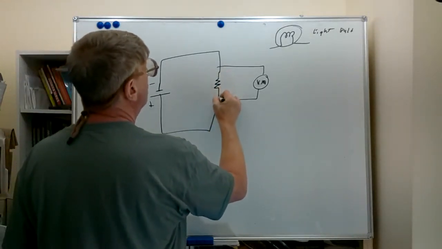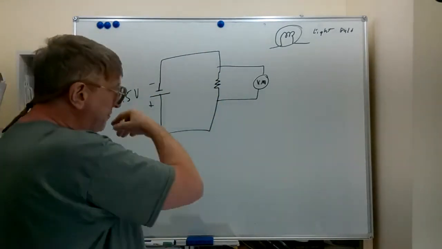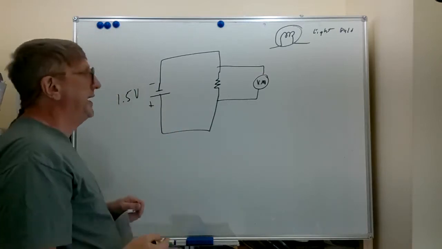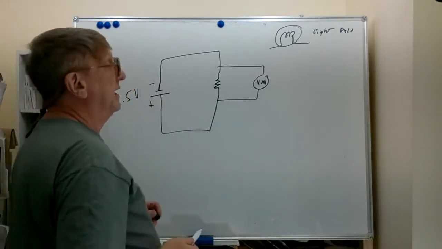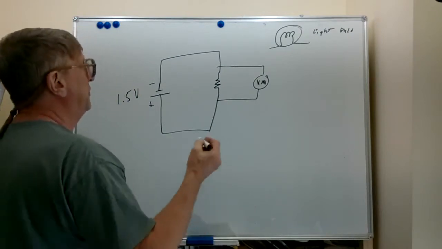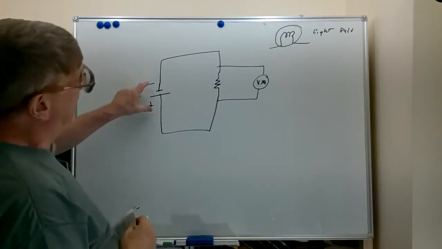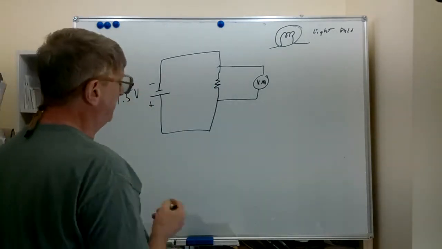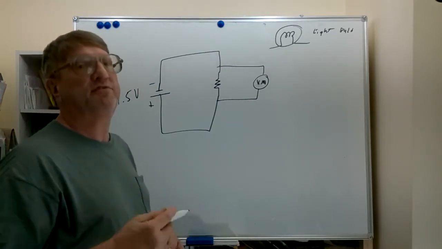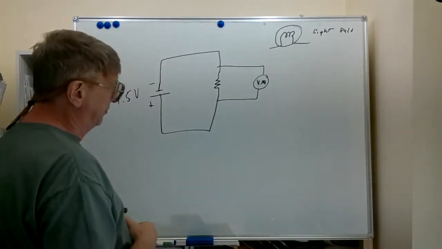As long as you don't overload the supply, drawing some current off of this supply will not change the voltage output of it. That's what we call an ideal supply. If this was a little pin light cell and we tried to draw 100 amps off of it, it'd probably drop way down. It isn't capable of supplying that much current because it's not in reality an ideal supply.